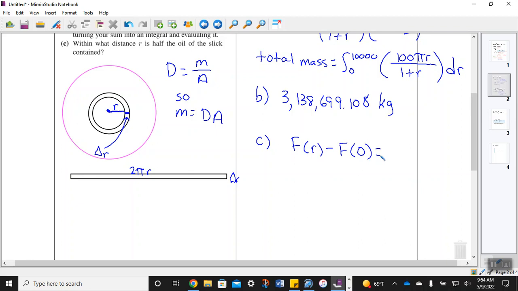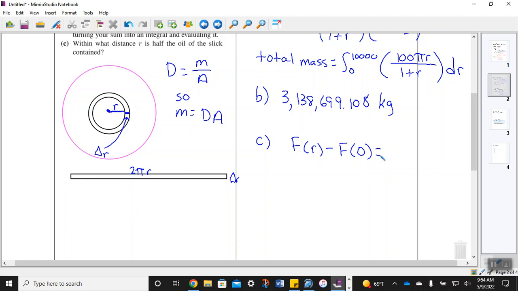What was our total mass there, kiddos? 3,138,699. But if I want to know half the mass, where, at what radius out here, where I come out a certain distance r and say, okay, that's where half the oil was, we've got to try and figure that out.